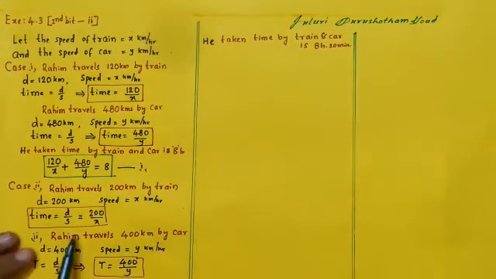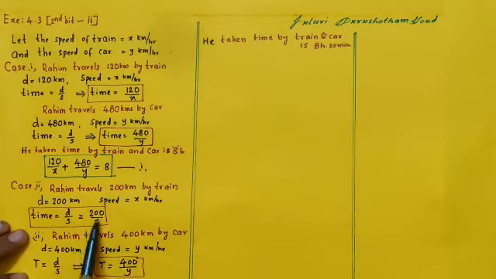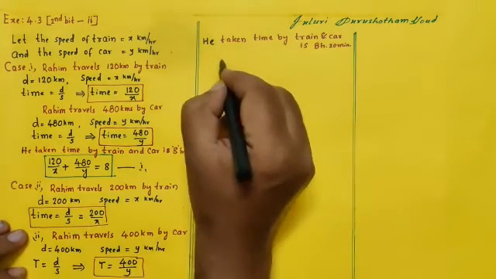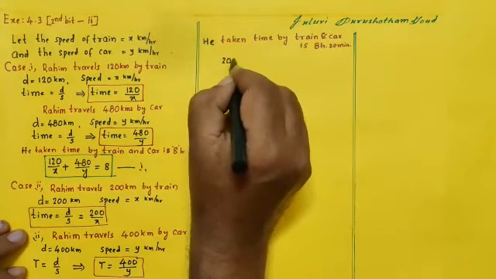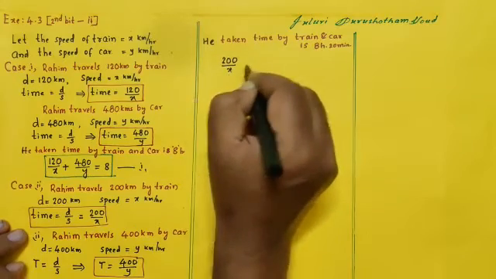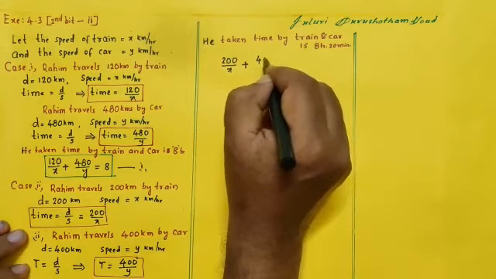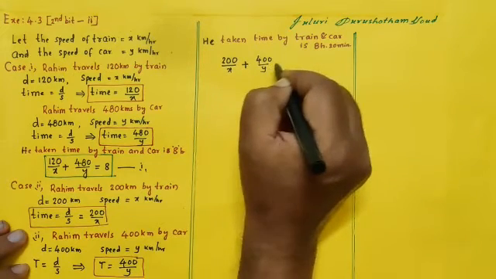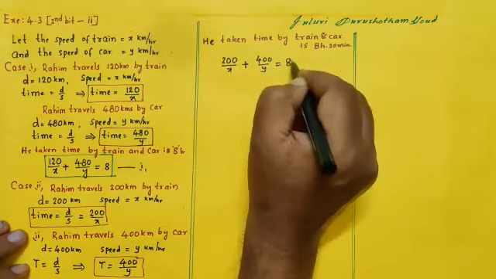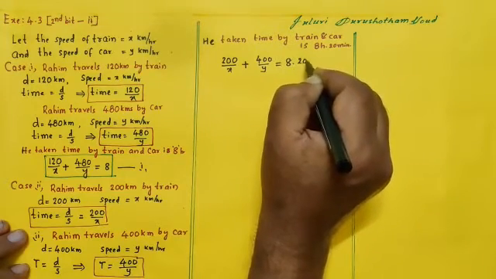So the time taken by train is 200 by x plus 400 by y, and this total is equal to 8 hours 20 minutes.